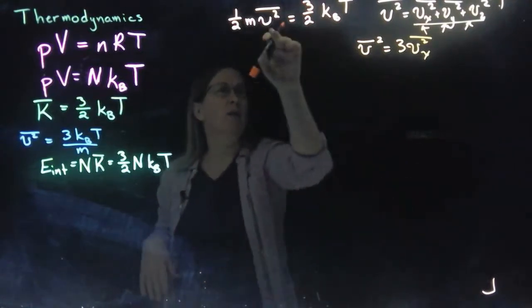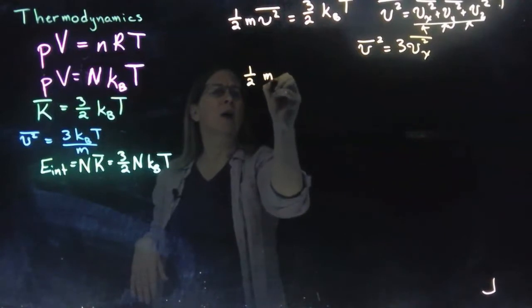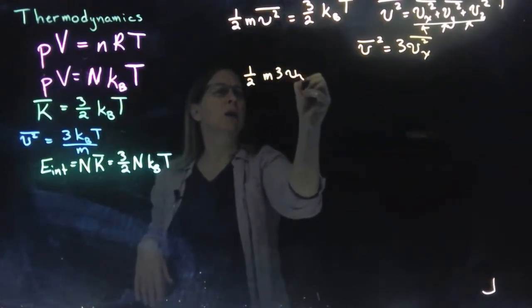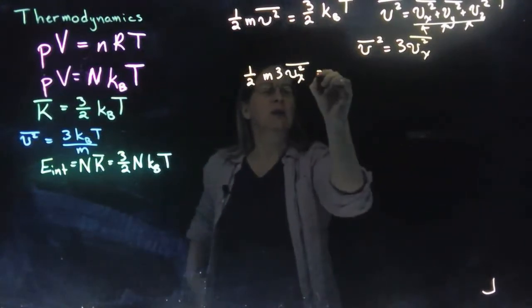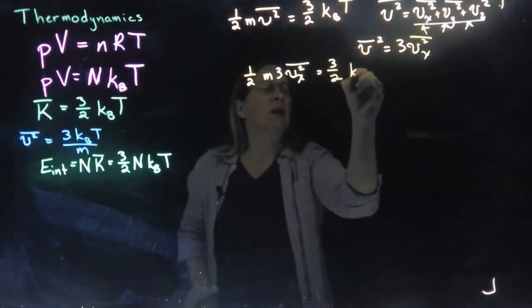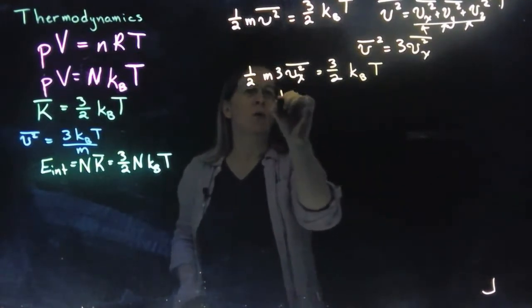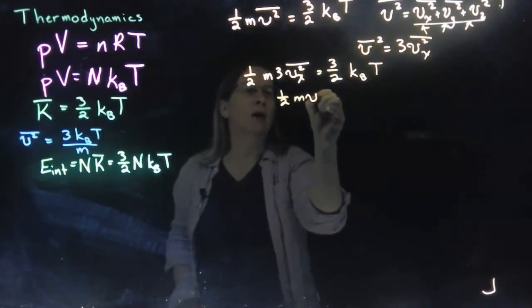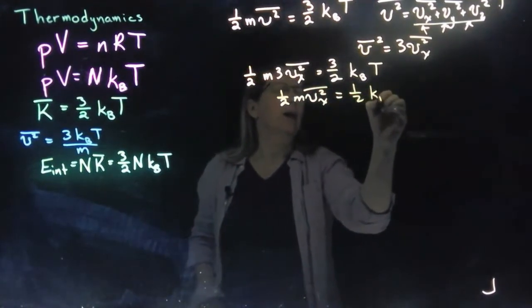And if I plug this in here, what you can see is that 1/2 m times 3 average vx squared, the speed in the x direction, is equal to 3/2 kBT, or that you have 1/2 m average vx squared is equal to 1/2 kBT.